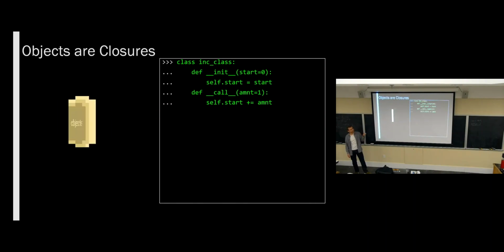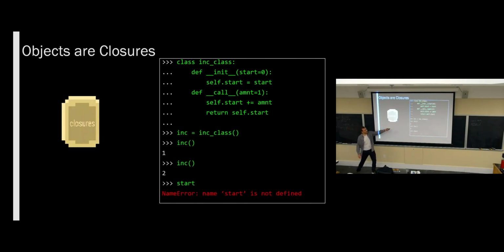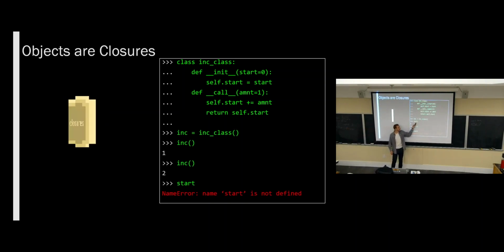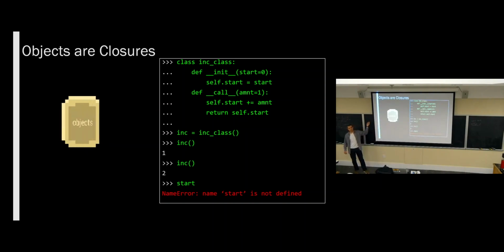We had a call method for the inc class, and then calling the class created an instance, and that instance was callable. Do you guys see how that code is exactly the same as the code from last lecture? So it turns out that just like how objects combine functionality and data in a single package, closures combine functionality and data. A closure is a function that closed over some data, and now the two are one. So closures and objects are all kind of the same thing.